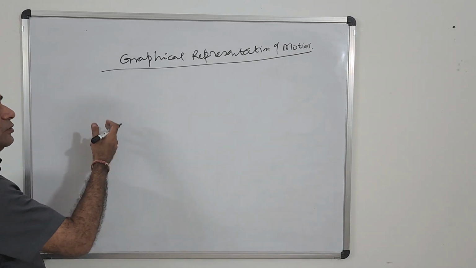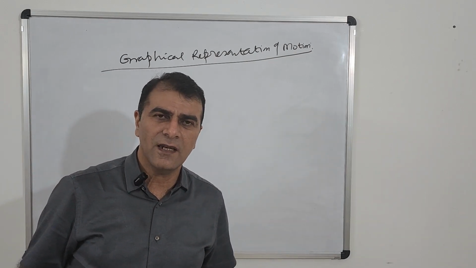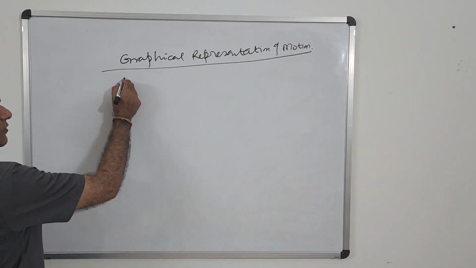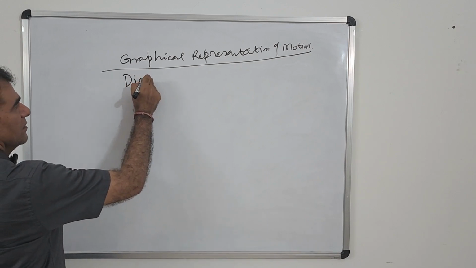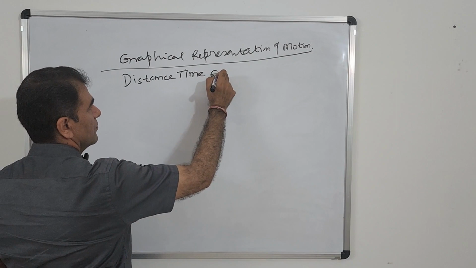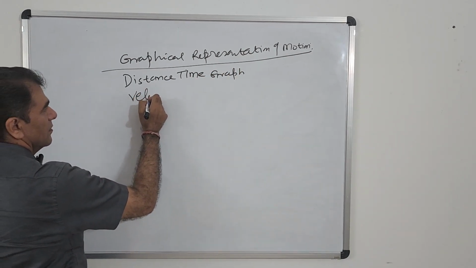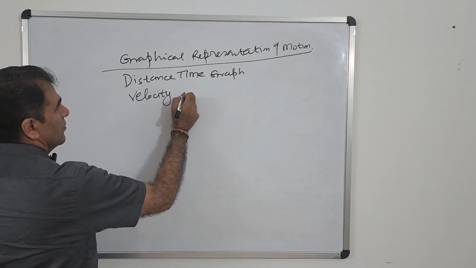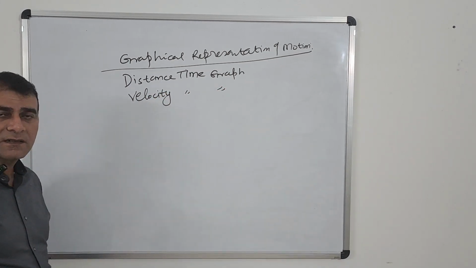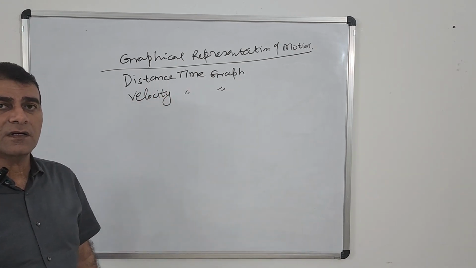Various types of graphs are there, but at 9th or 10th level, you will have two types of graphs. One is the distance time graph and the other is the velocity time graph.